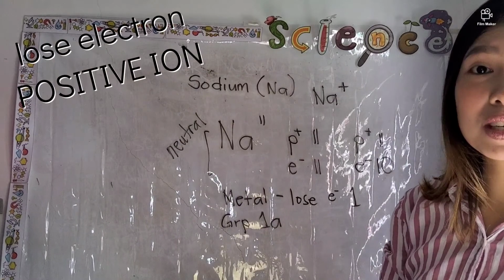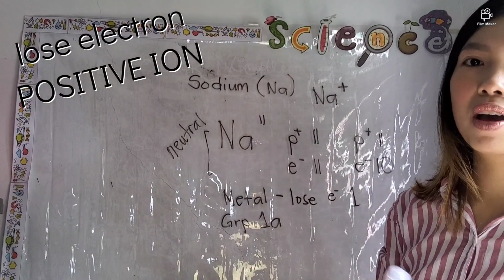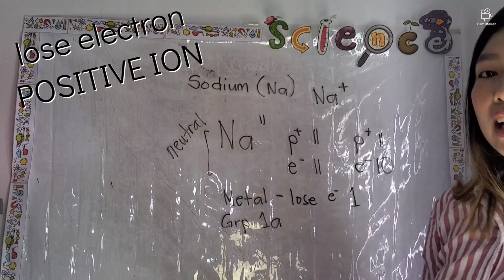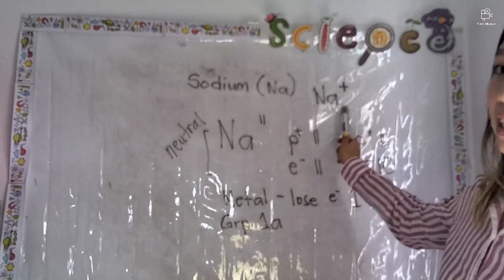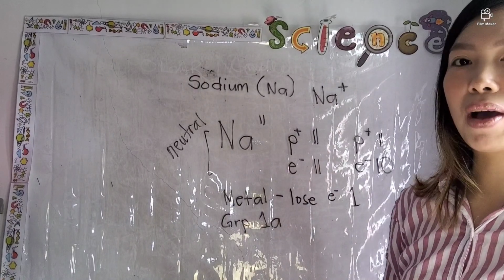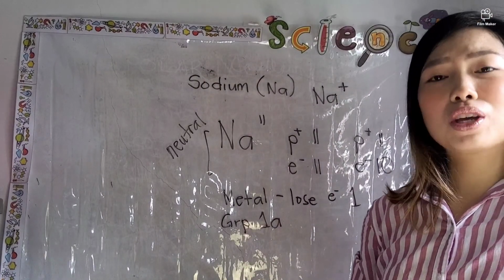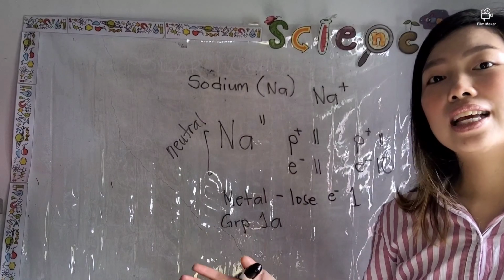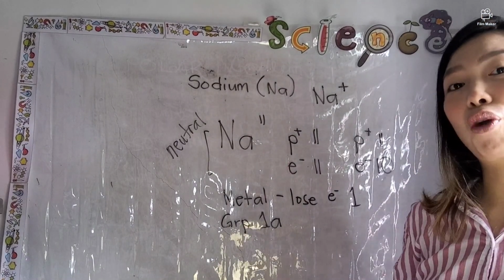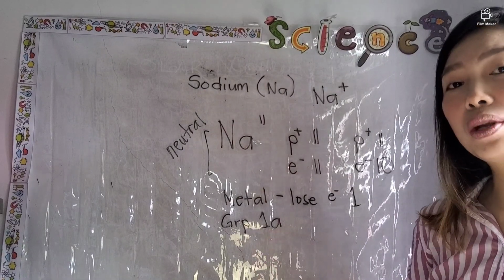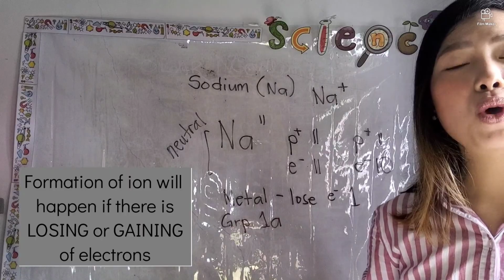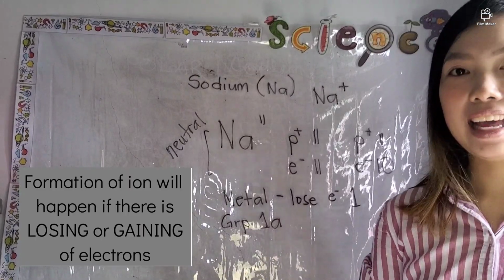The one that loses electron will have the positive ion or the positive charge. Ilan yung nawala sa kanya? Isa. And number 1 is already understood at hindi na natin pa kailangang isulat. So, yan yung tinutukoy natin sa salitang ion or formation of ion. Formation of ion will only happen if an element will lose or gain electrons.